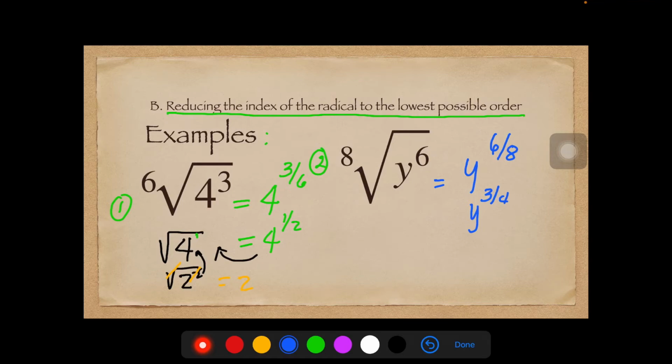The index for the new radical, expressed in the lowest possible order or index, is the 4th root of y cubed. And since this exponent in the radicand is already smaller than the index, you can no longer simplify.